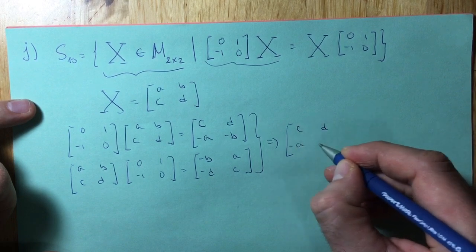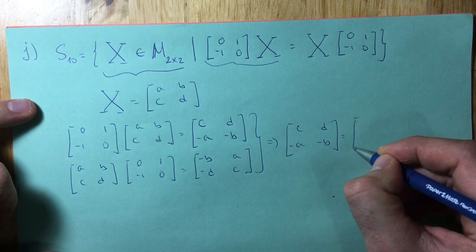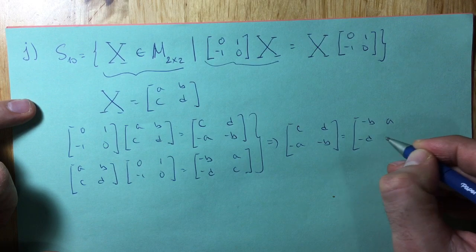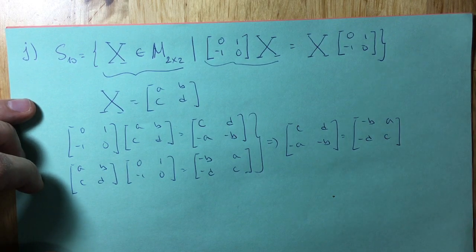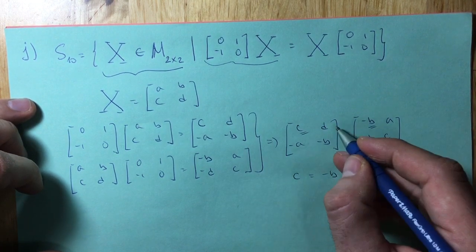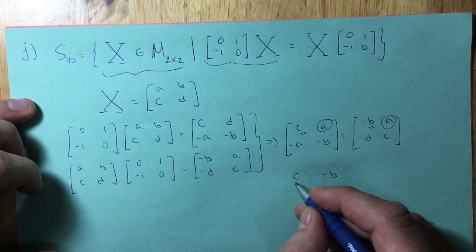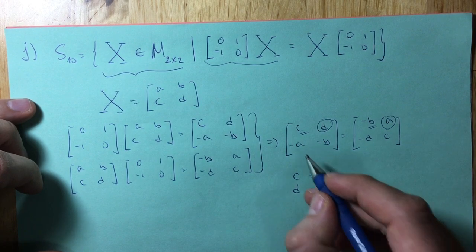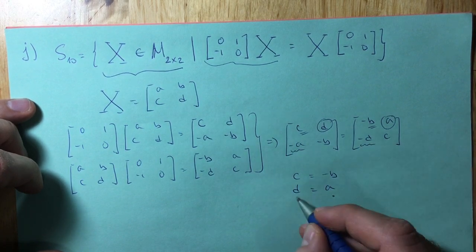C, D, negative A, negative B is equal to negative B, A, negative D, C, and we compare each corresponding entry. So from here, C is equal to negative B, D is equal to A, negative A is equal to negative D.